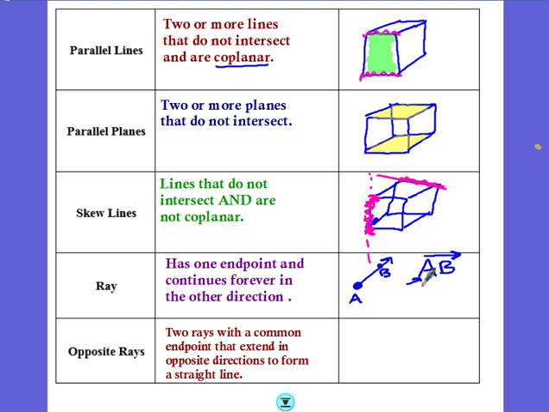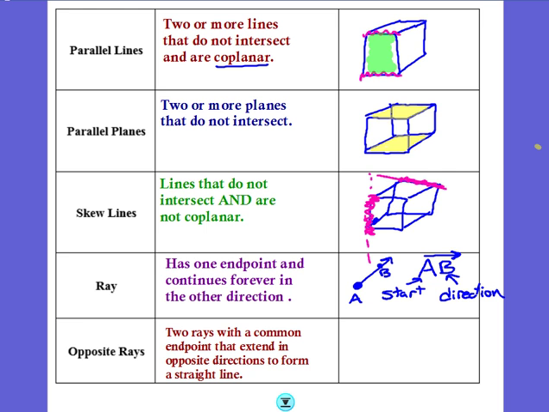The very first letter is your endpoint or your start point. So when I say ray AB, you know that it's starting at A, and then the second letter tells you the direction. So it's starting at A and going in the direction of B. So that's what a ray is.